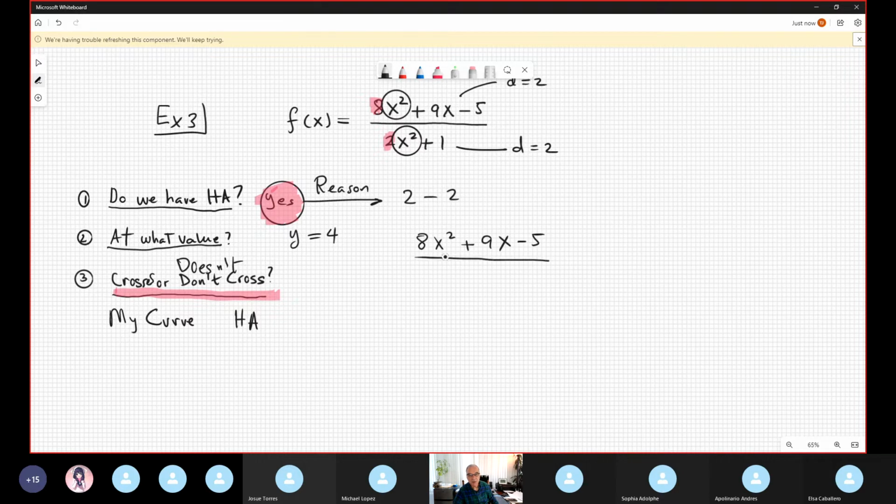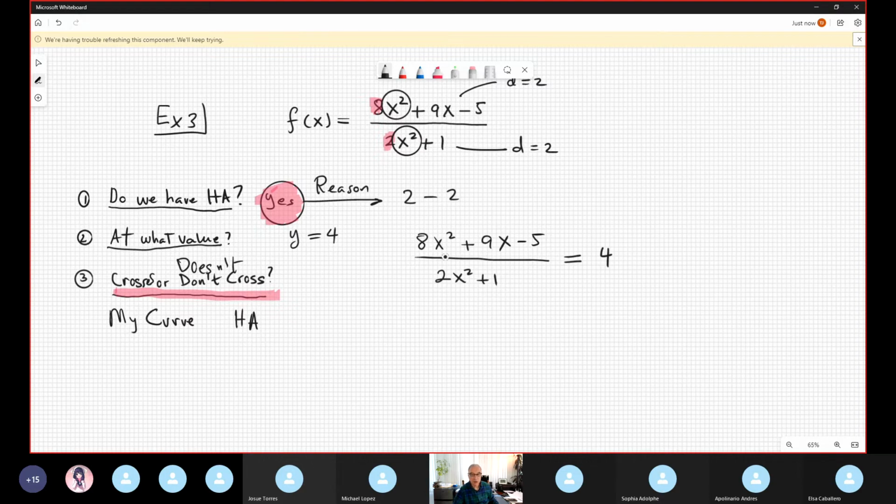the original, as given at the beginning, and you force it to be equal to 4. The majority of cases, you try to solve this equation. If this equation has no solution, it's because the curve never crosses the horizontal. If we have a solution, it's because it crosses.